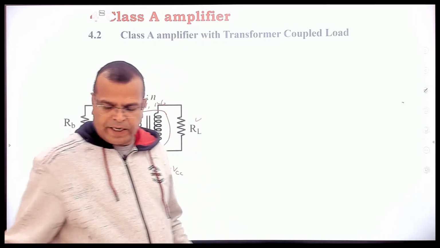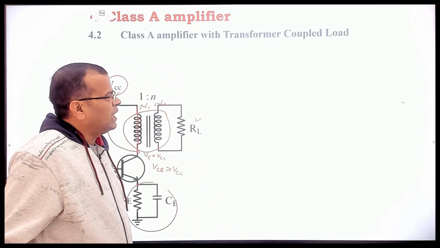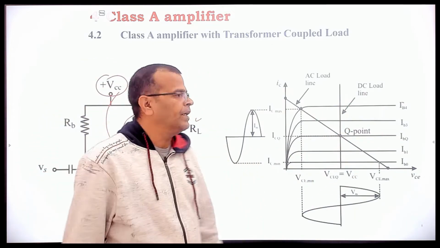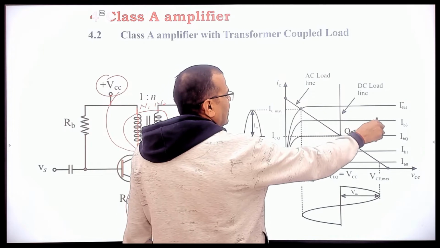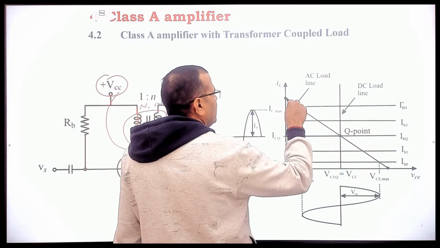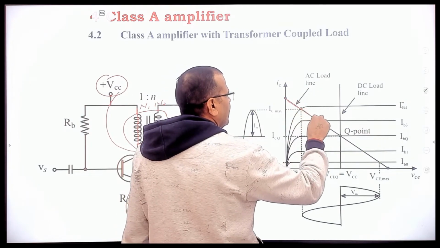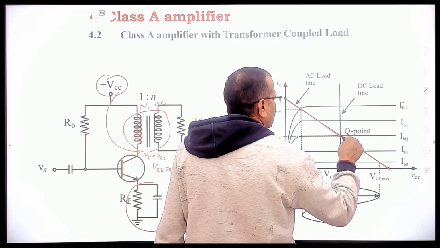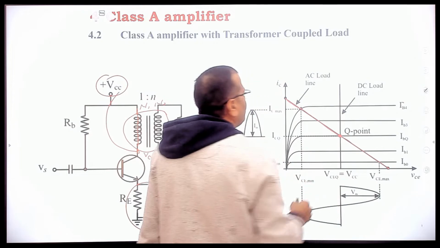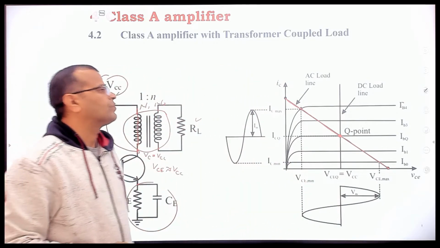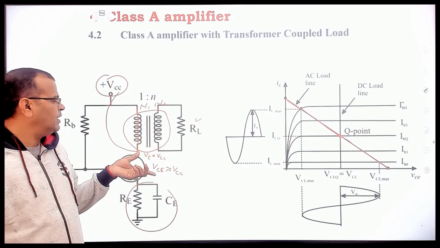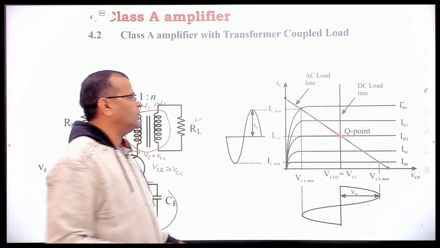If you see the characteristic of the class A amplifier, these are the characteristics of the BJT. This line is known as the AC load line. You can see on biasing of BJT the meaning of AC load line. On this line, we know the voltage VCE is approximately equal to VCC.